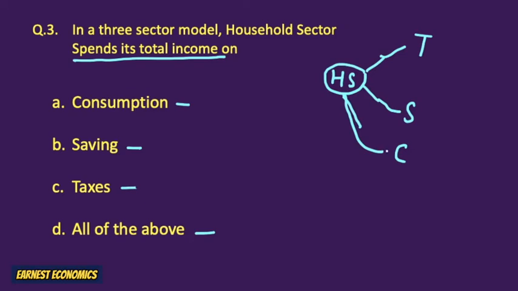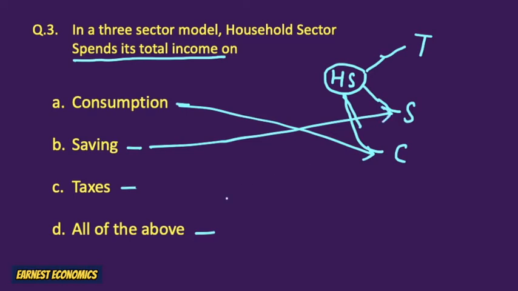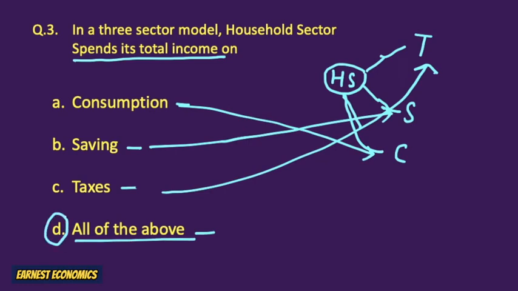So we have three outlays for the household sector income: consumption, saving, and taxes. All the three are actually outlays where they spend this income. So our most appropriate answer in this case is all of the above, that is, the D option.